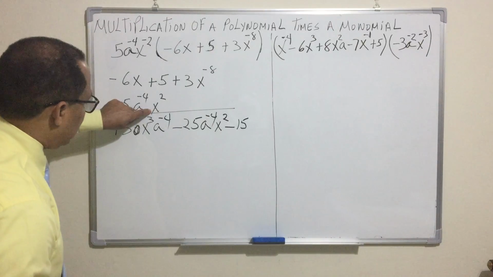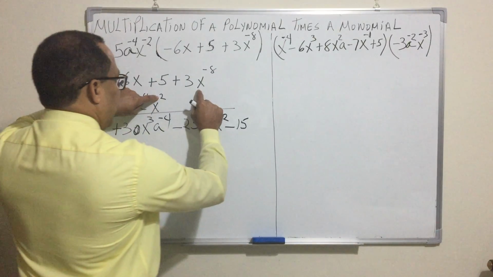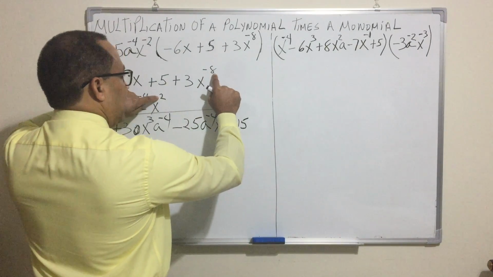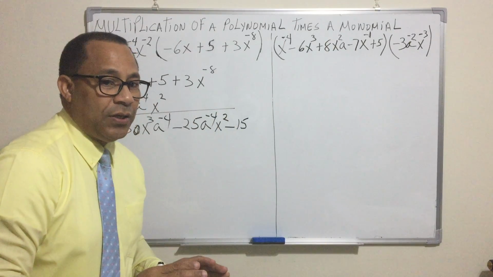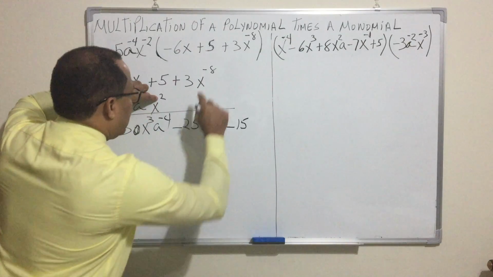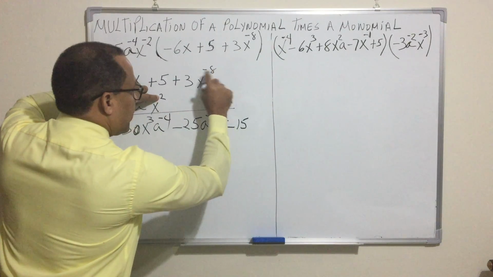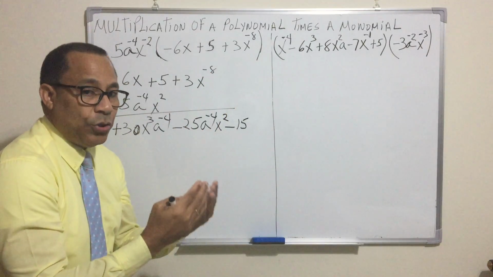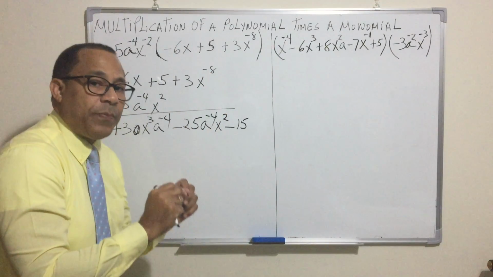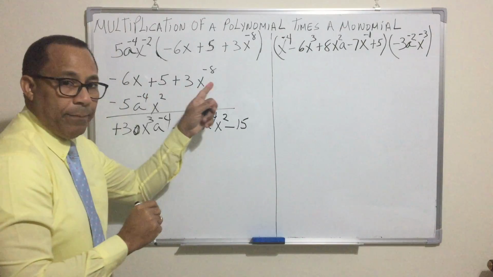I take the x is a 2, and this x is a negative 8. And now I use the rules of signs in addition and subtraction. The rule says when the numbers have different signs, that's a negative, that's a positive, we subtract the numbers and we copy the sign of the greatest of them.